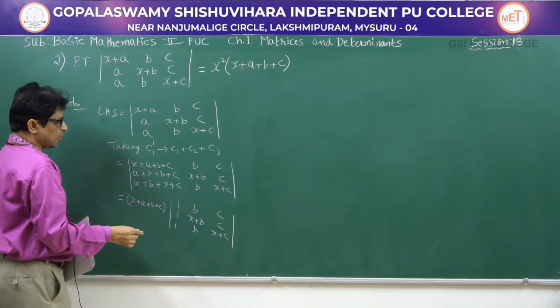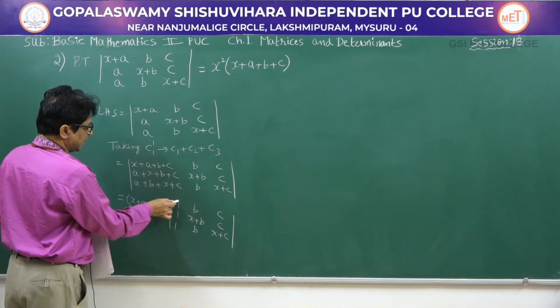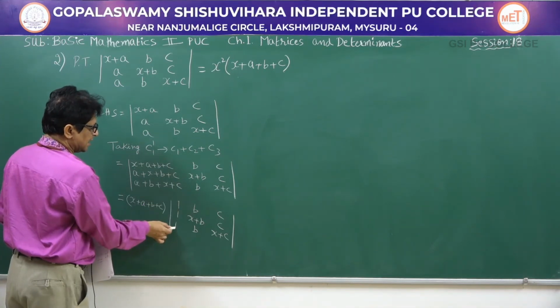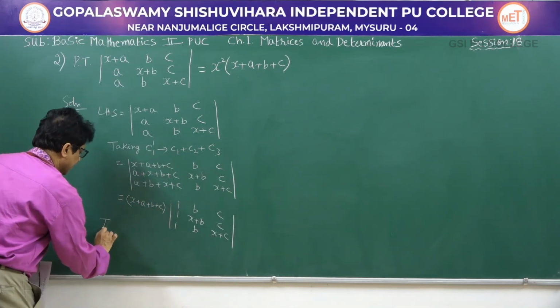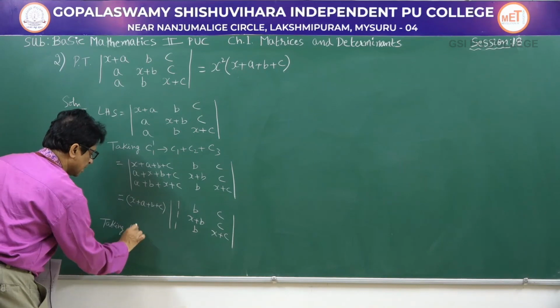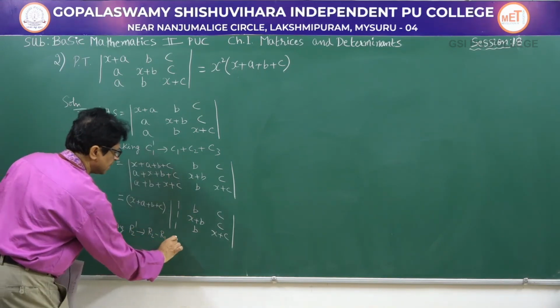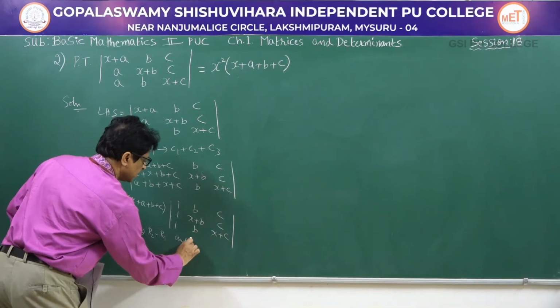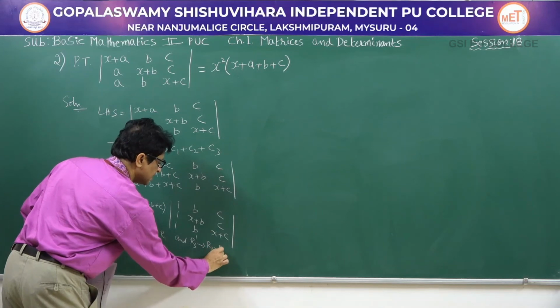Next we will use the row operation, that is R2 dash is R2 minus R1 and R3 dash is R3 minus R1.